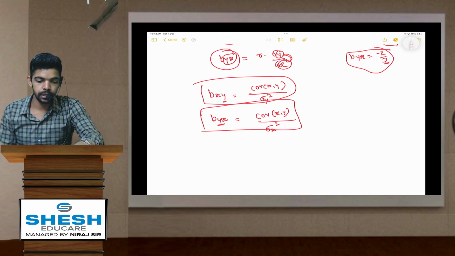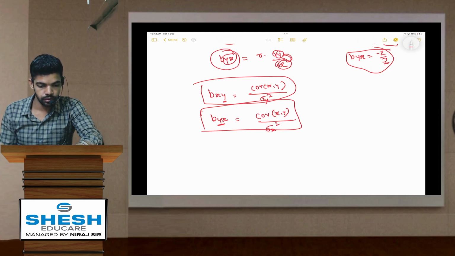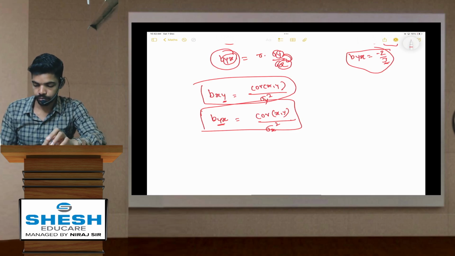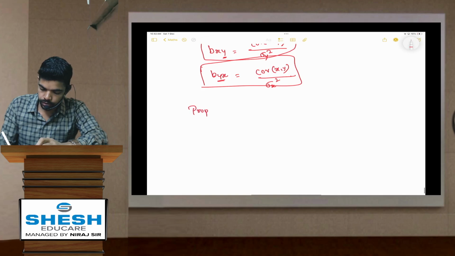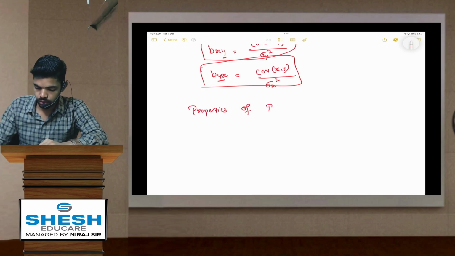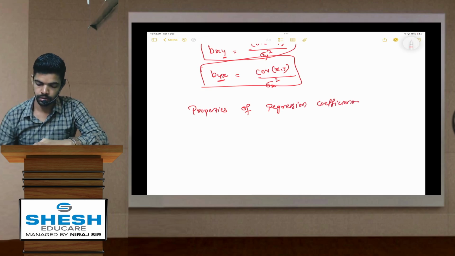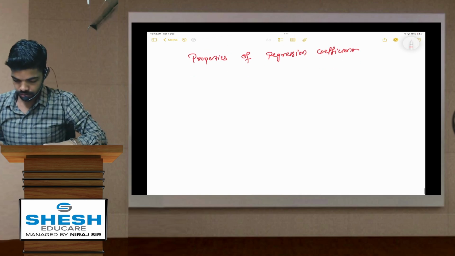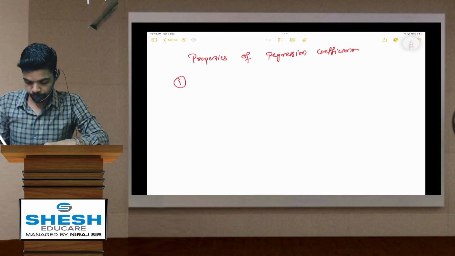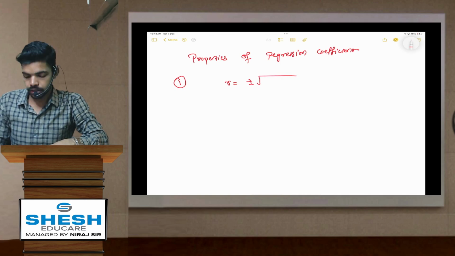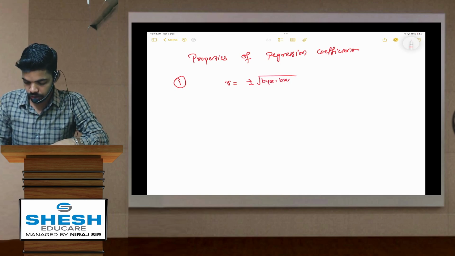Now we have the properties of regression coefficient. First property: I have already told you that the correlation coefficient is the geometric mean of the regression coefficients byx into bxy.